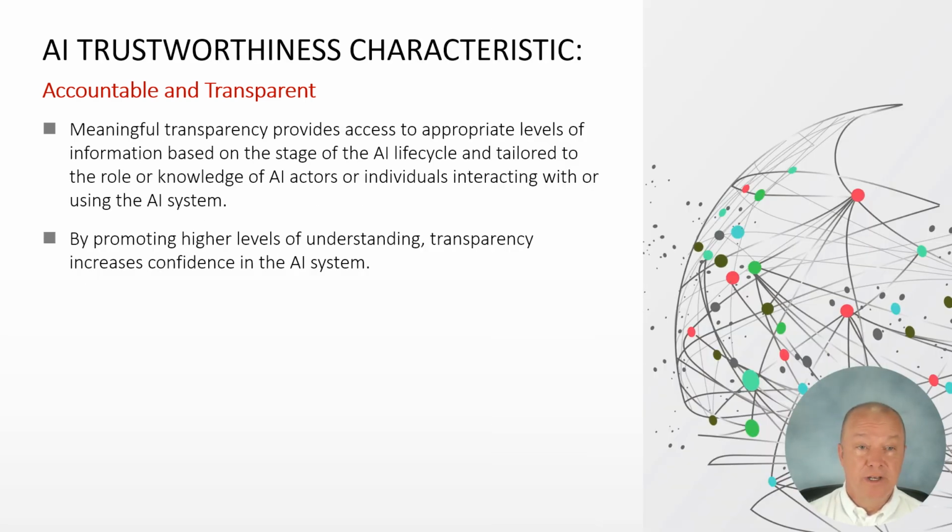With accountable and transparent, we also ensure that meaningful transparency provides access to appropriate levels of information based on the stage of the AI lifecycle and tailored to the role or knowledge of AI actors or individuals interacting with or using the AI system. And by promoting higher levels of understanding, transparency increases confidence in the AI system itself.